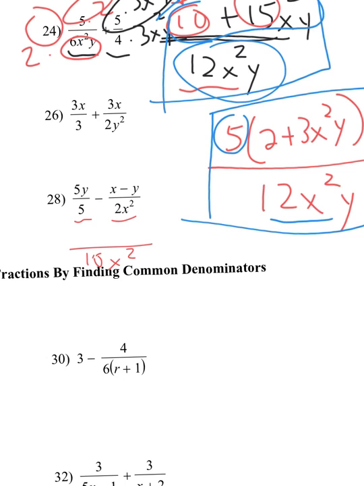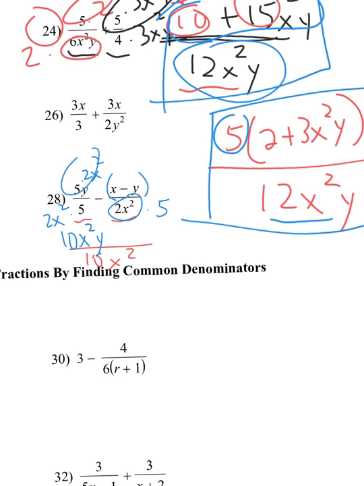So this one over here I need to multiply by 2x squared. So I'm going to take this times 2x squared. So 5y times 2x squared is 10x squared y. The second one I need to multiply by 5 to get my 10x squared.